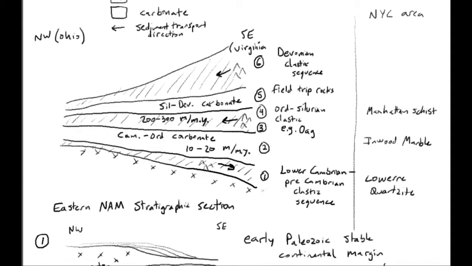And then, continuing that, is rocks called the Fordham and Yonkers gneisses. And ultramafic rocks. Represent this time period.